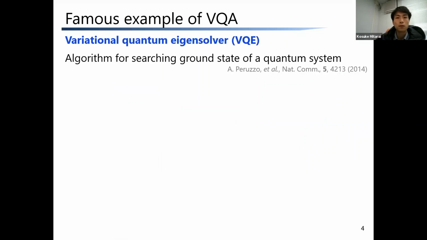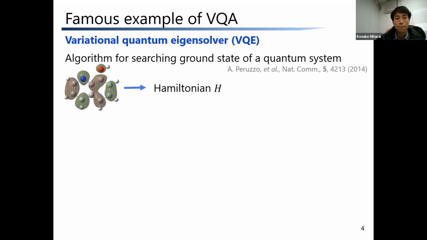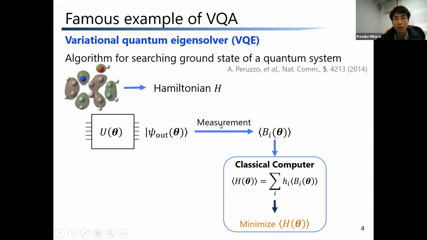A very famous example of VQA is the variational quantum eigensolver, as you all may know. I will just talk about it a little bit. This is an algorithm for searching the ground state of a quantum system. It works for a Hamiltonian, which can represent some molecule or something. We run the quantum circuit U theta and measure some observable.